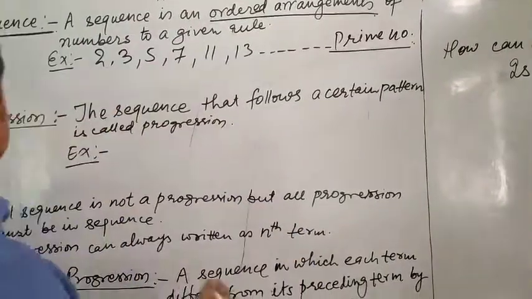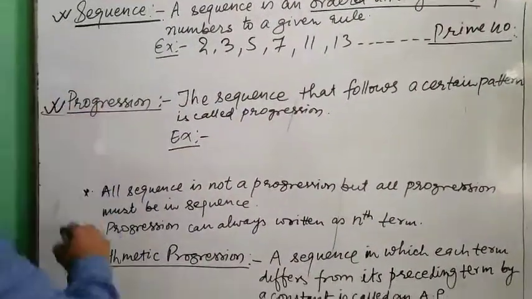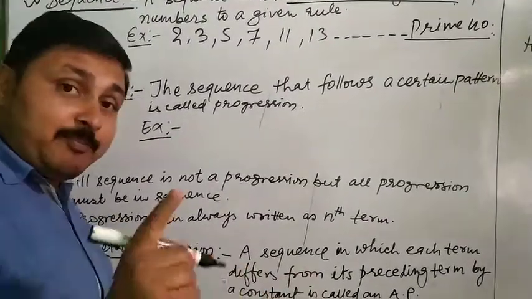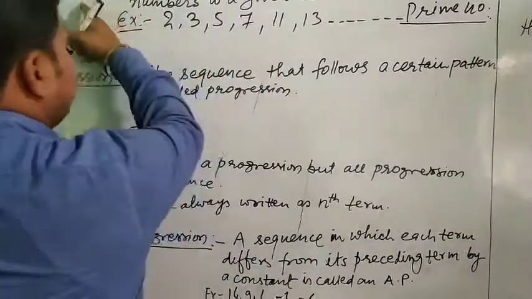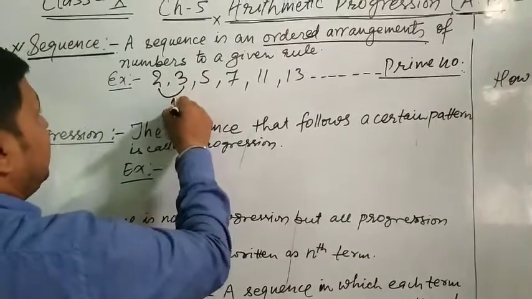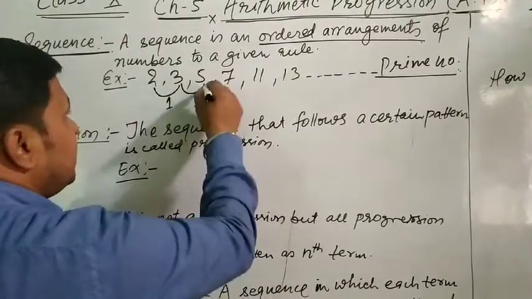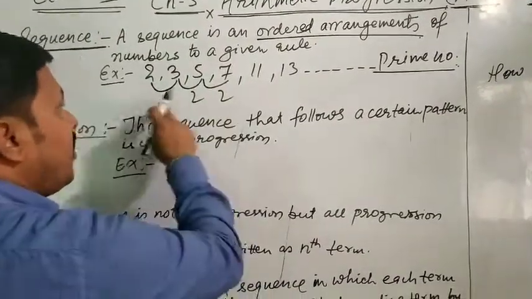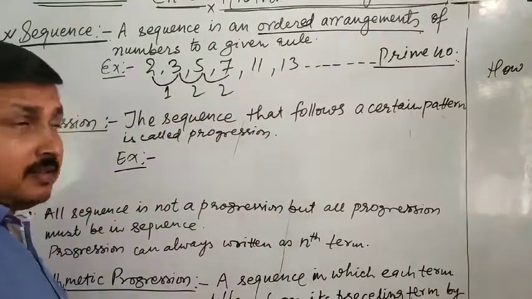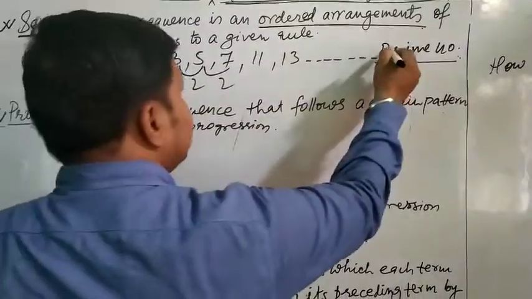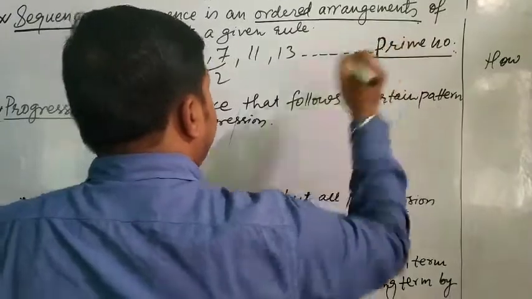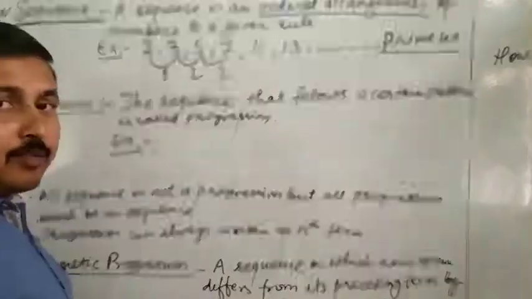But in the progression, in the sequence here the difference is 1, but then the difference is 2, that's not a constant difference. So we have to find the prime numbers.